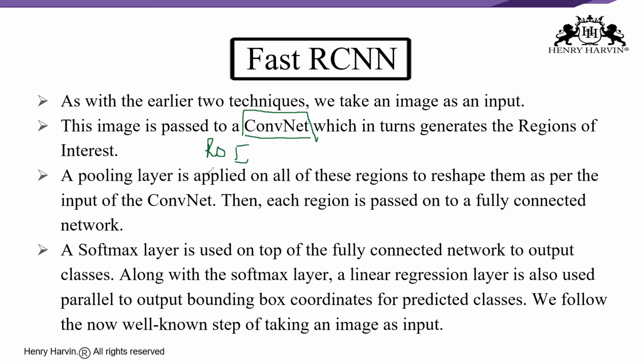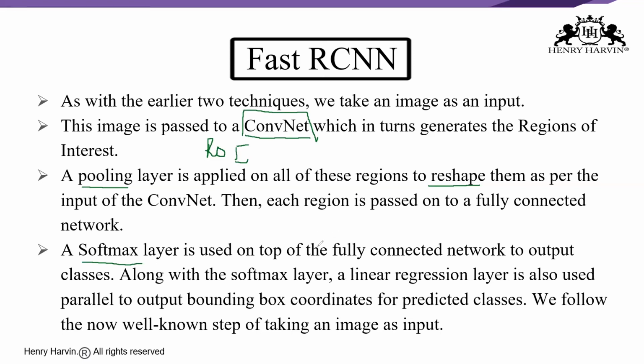We all know that when you apply pooling, the reshape happens according to the requirement of the network, and then it is fed into the fully connected network. Now what will we connect at the output? We all know it is softmax. So we will connect softmax.